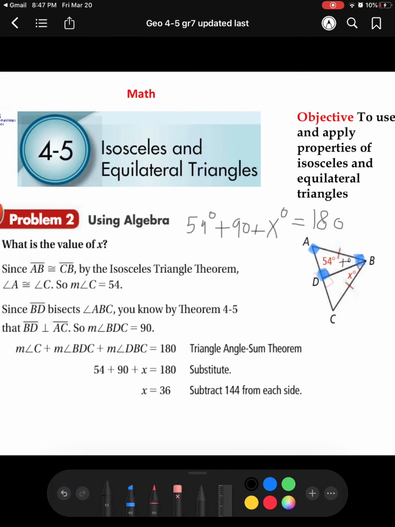And I can add them together, 90 and 54, 144, yes, 144 plus x equals 180. This means if you just move the 144 to the other side, x equals what? 36, right?